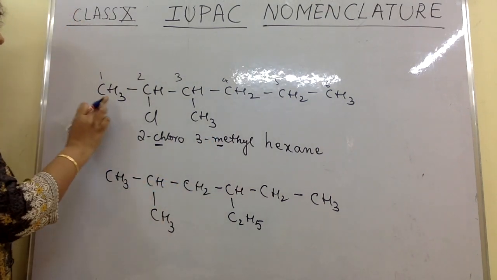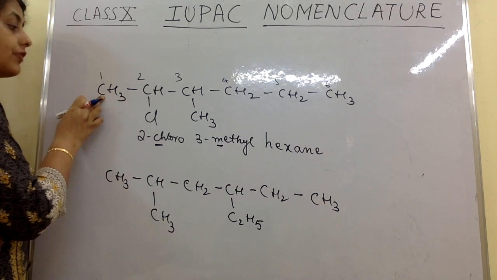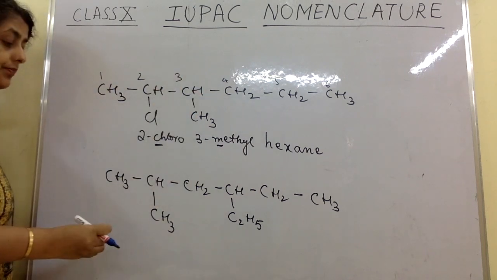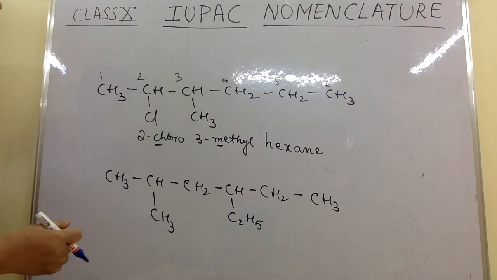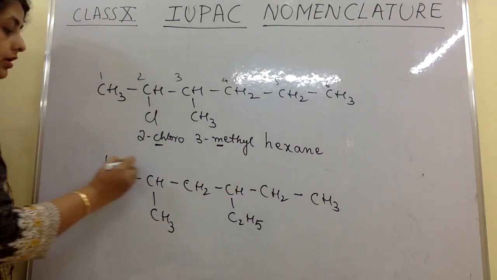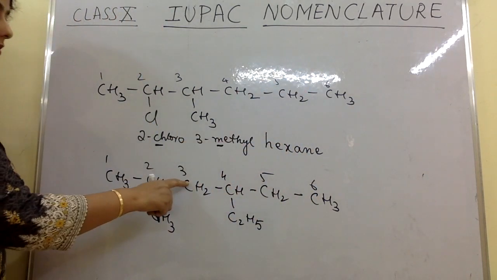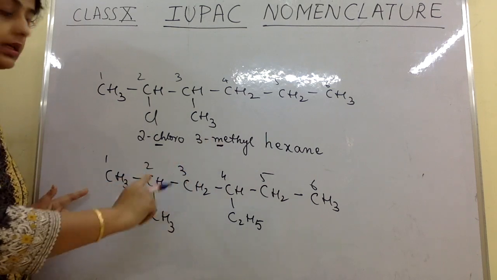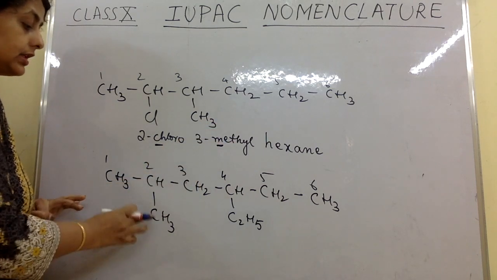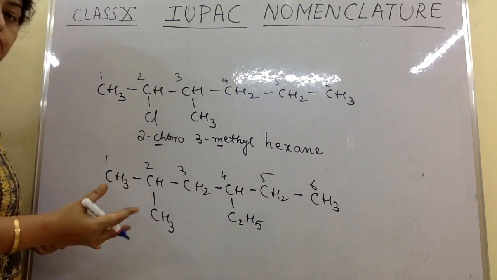But numbering has to come from the closest one. Whichever is closest to the end, from that side we start numbering. Here again we will start numbering from this side because this is far. So we number 1, 2, 3, 4, 5 and 6. Hexane clearly, because these are only single bonds and 6 carbons. But then this is 2-methyl, 4-ethyl. What to do now?